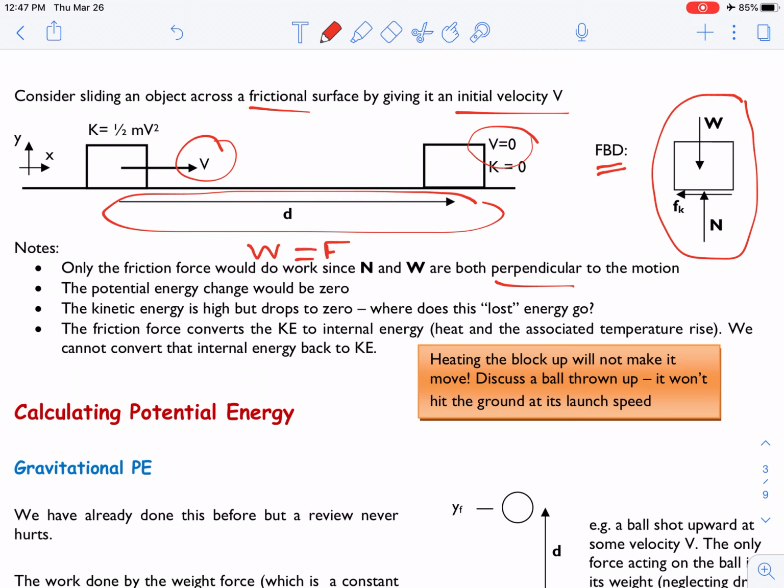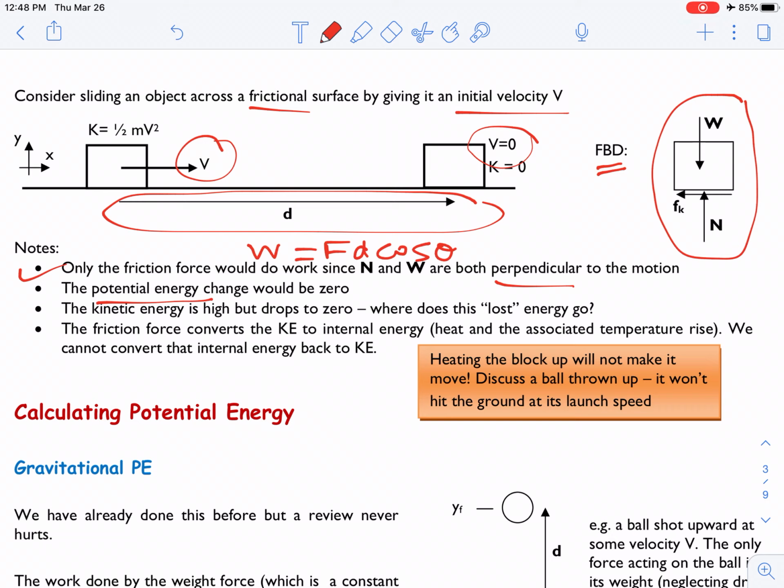It is F d cosine theta. When you open up that dot product, that theta is 90 degrees. That means the work done by the normal force and the weight force are both 0, so they do not do work. We are going to talk about the friction later, but let's also talk about the potential energy next.